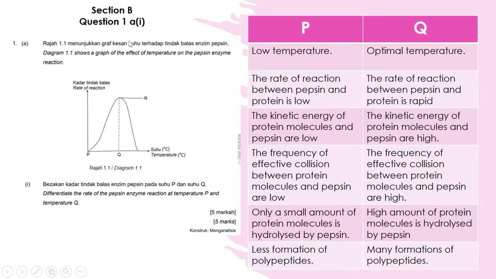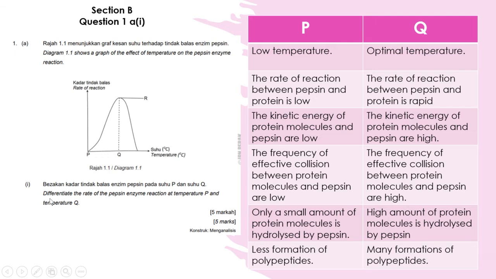Okay, let's go to the questions in section B, which is the essay question, 1A1. Diagram 1.1 shows a graph of the effect of temperature on the pepsin enzyme reaction. Please underline here: effect of temperature on the pepsin enzyme reaction.